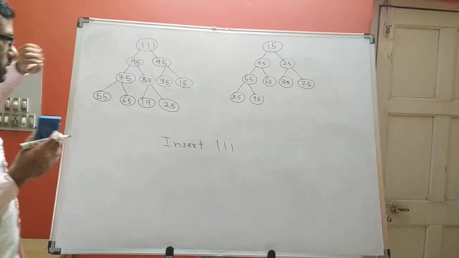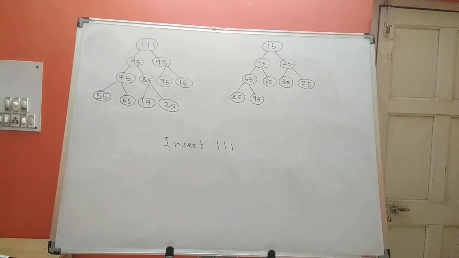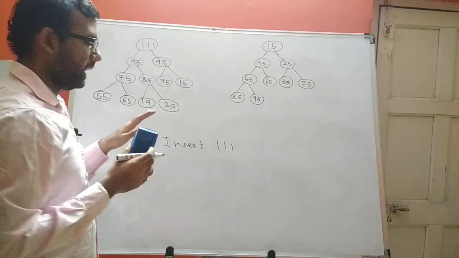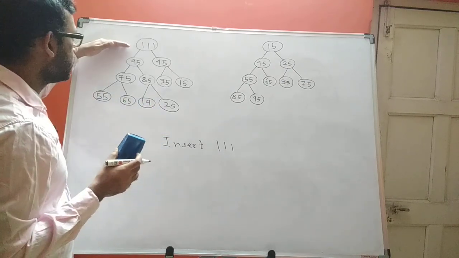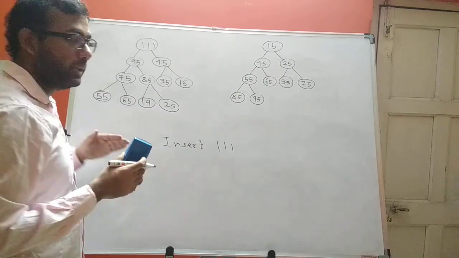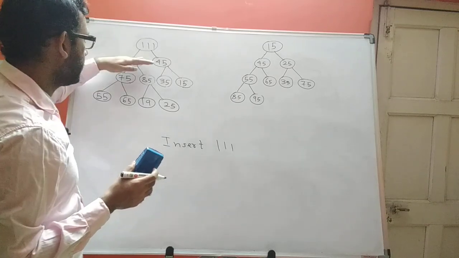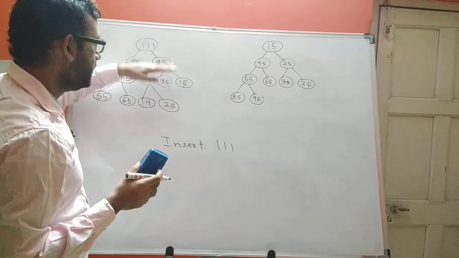And now, if you observe closely, the Max-Heap property holds. I hope you have understood why it still holds. Because you take any node, all its descendants will be lesser than it. So if I take 45, the nodes below it are 35 and 15. They are lesser than it.